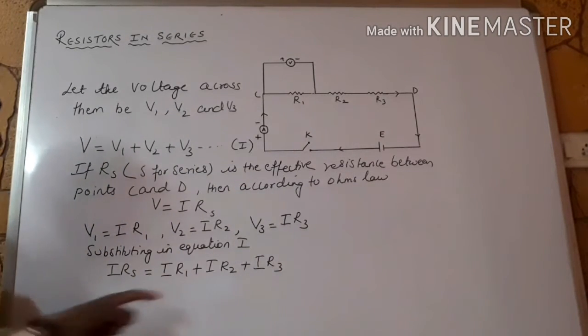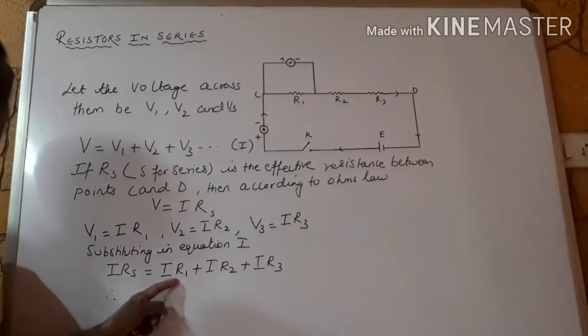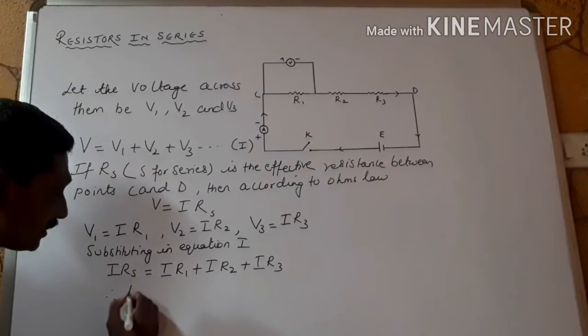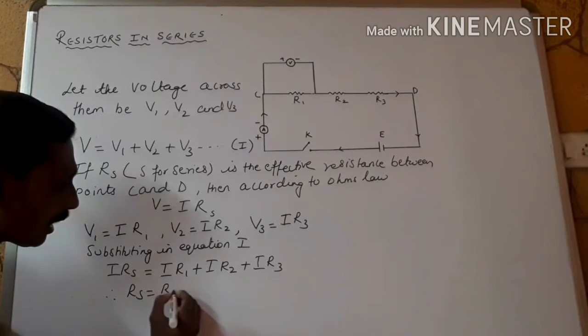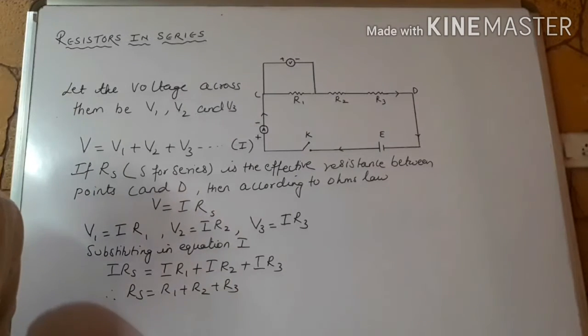Now if you remove common I from here, so this I and this I go. So what we get is RS is equal to R1 plus R2 plus R3.